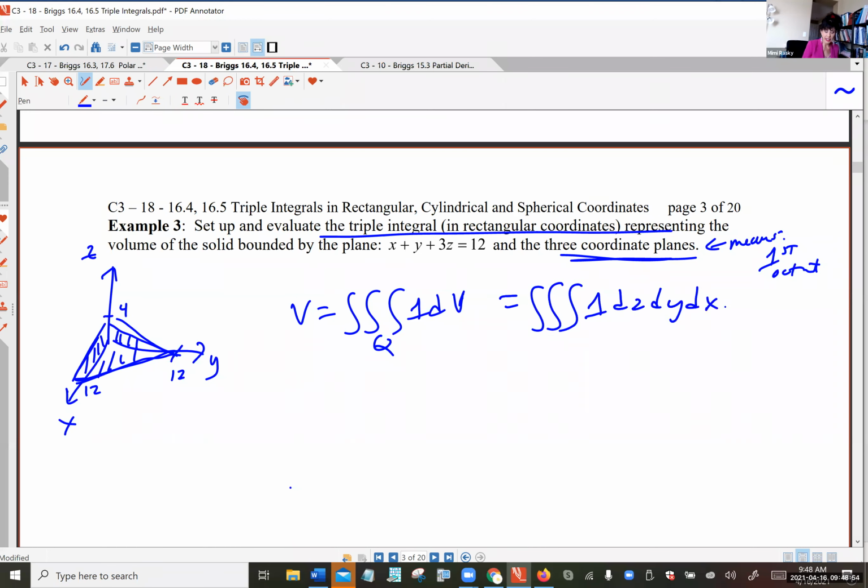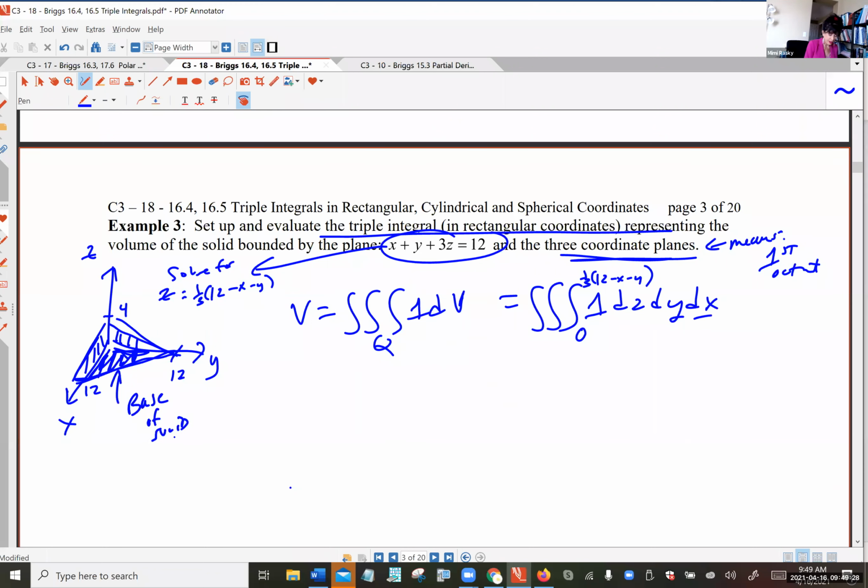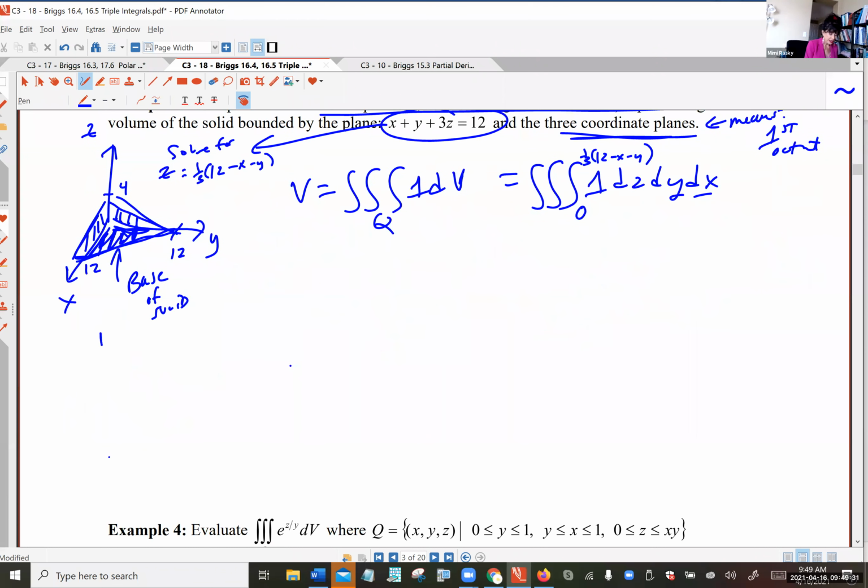Now, what are y and x doing? You're going to look at the base of the solid again, because the base gives you access to how to iterate the last 2 integrals. There's your base. Then you want the equation for the trace of the capping surface as it cuts through the xy plane.